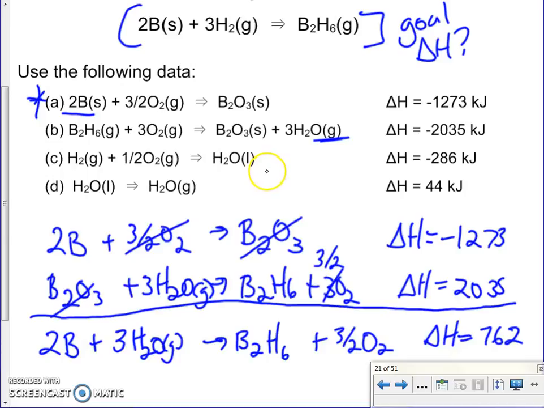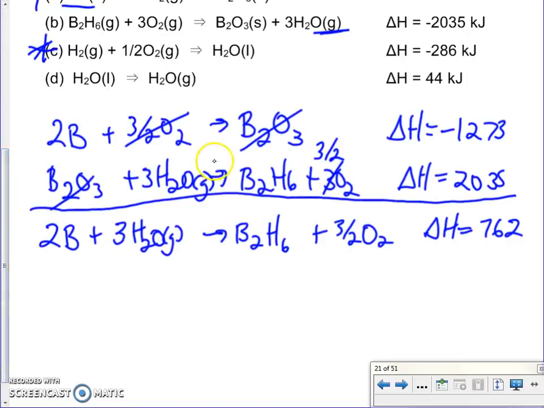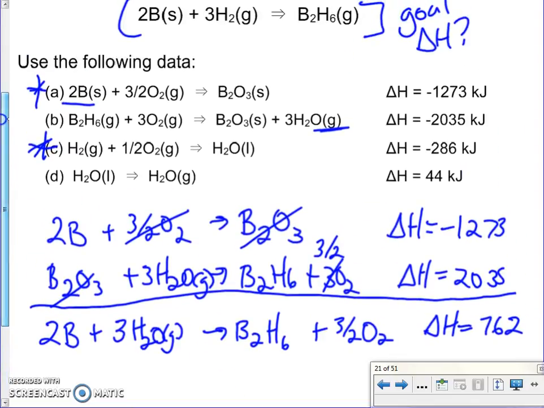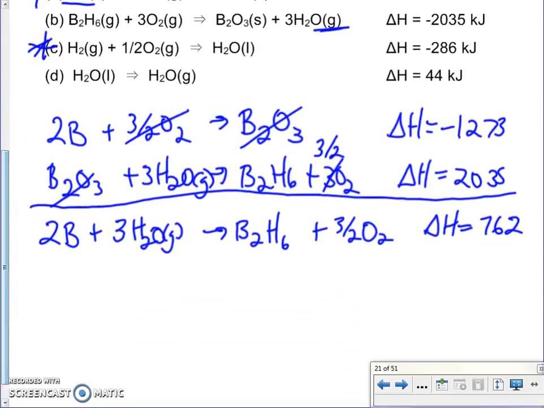Let's keep it somewhat simple and start with this guy, just because it's the next one in line. Okay, so notice, actually let's go back up and look at our reaction. Hydrogen is on the reactant side, so I want to keep it on the reactant side, but there's 3 of them, so I need 3 of them. So I'm going to triple that reaction.